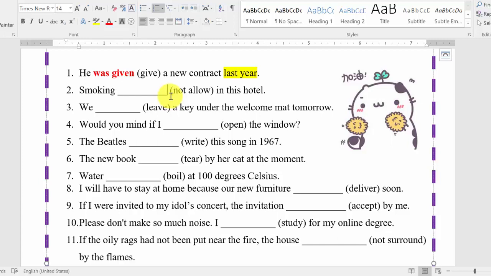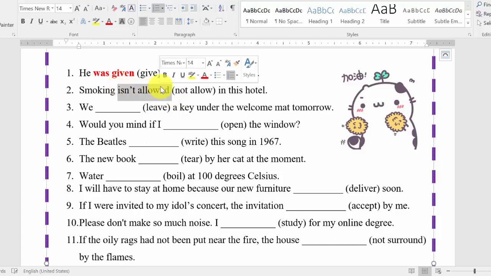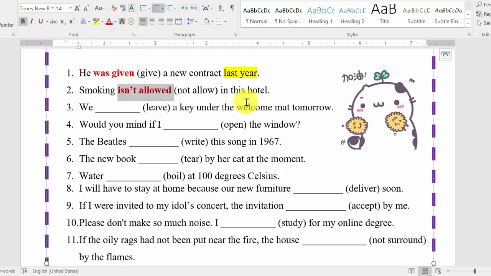Smoking is only singular, so we should use is, together with not, isn't, and PP, allowed, with ed. So simple present tense, passive voice, isn't allowed.